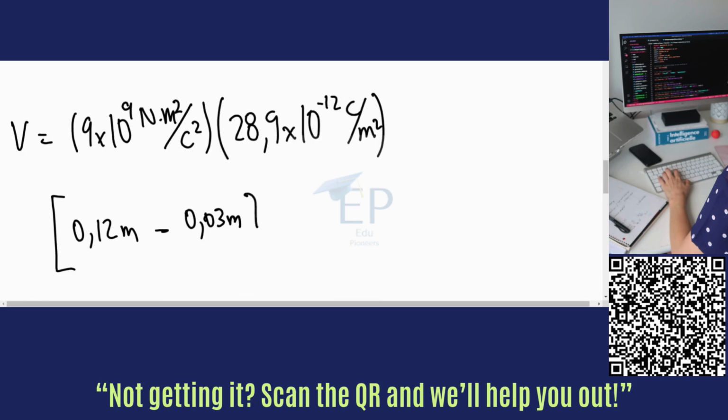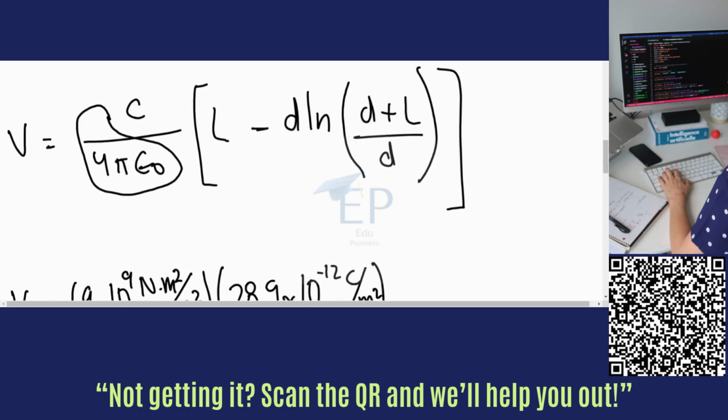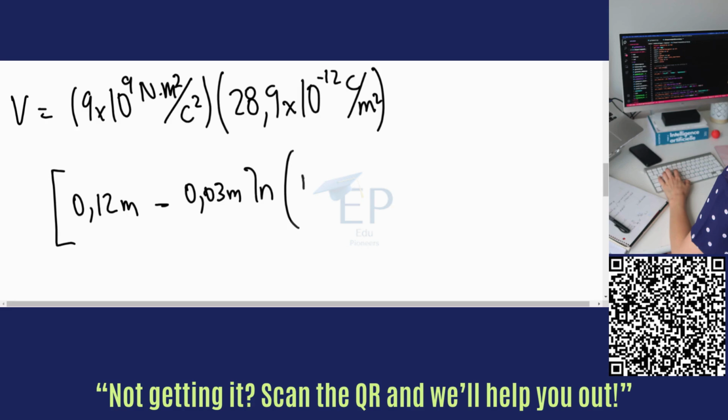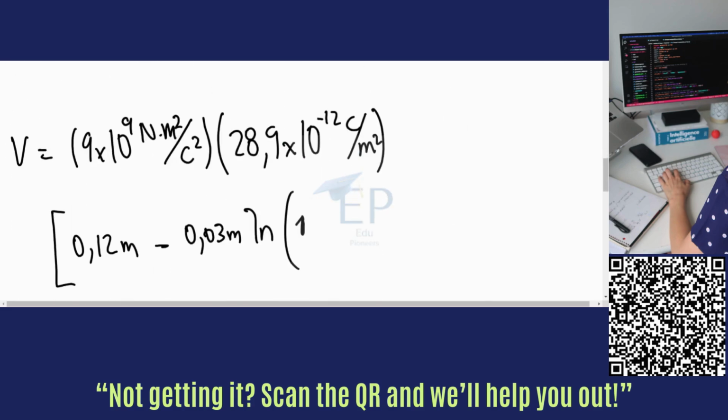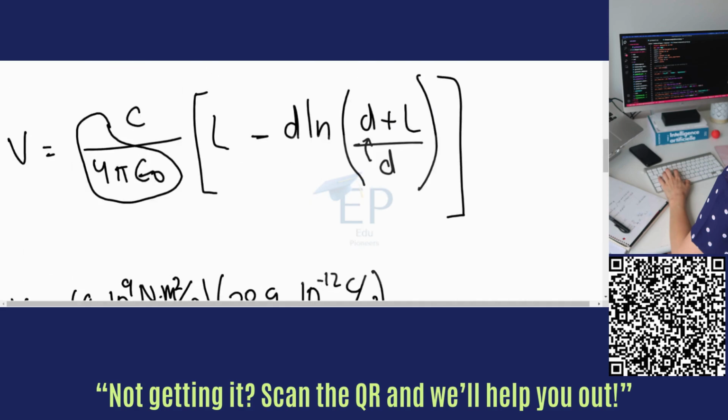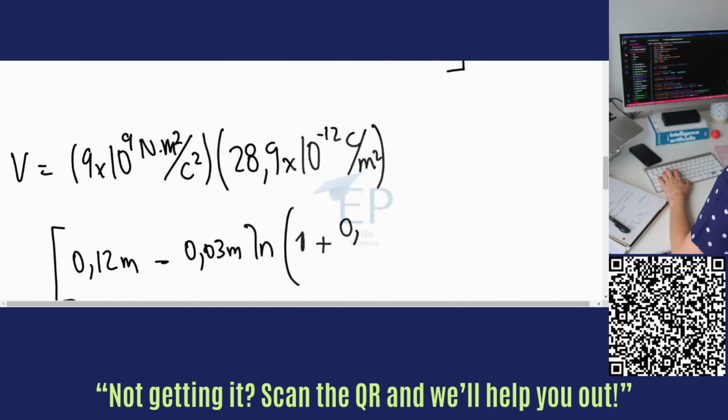And the logarithm, as you can see in here, we can divide this and we'll have 1 plus the ratio between the length L and D. So we will have 1 plus the length, which is 0.12 meters over 0.03 meters.